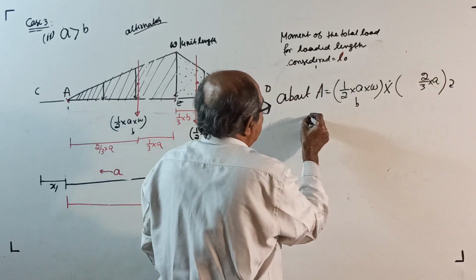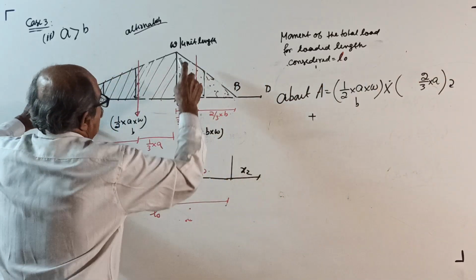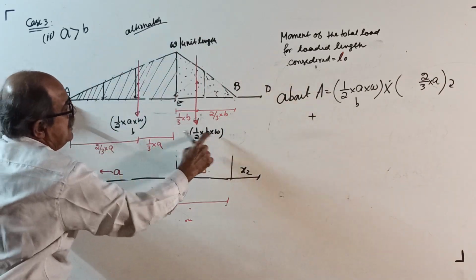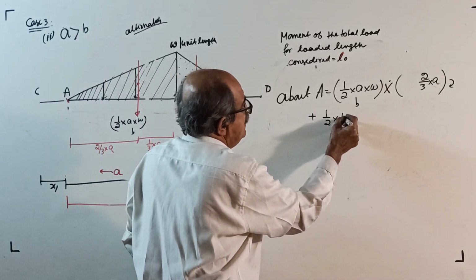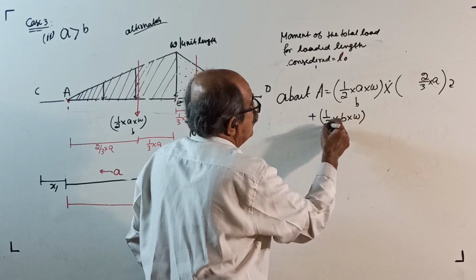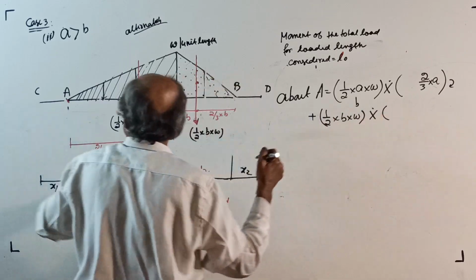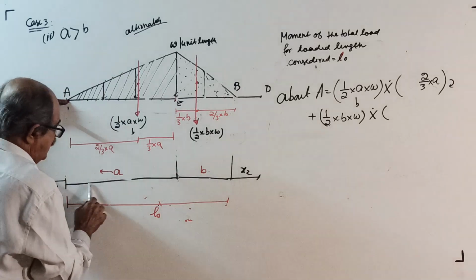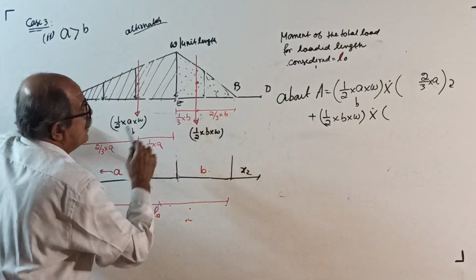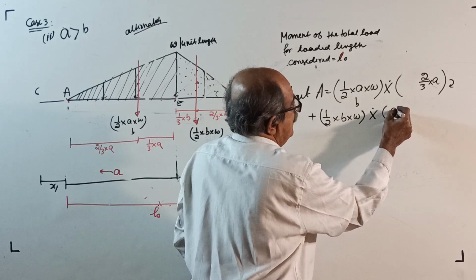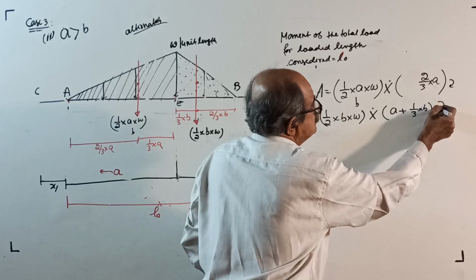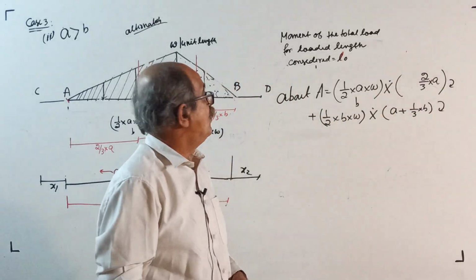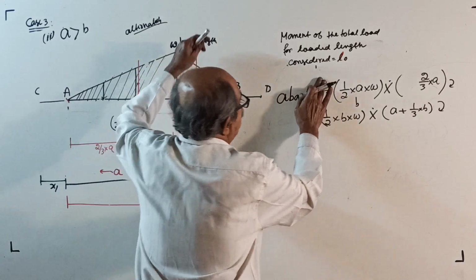Plus one more: half into B into W is one more load, into the moment about A plus 1/3 of B, A plus 1/3 of B. That also is clockwise. Both are clockwise.